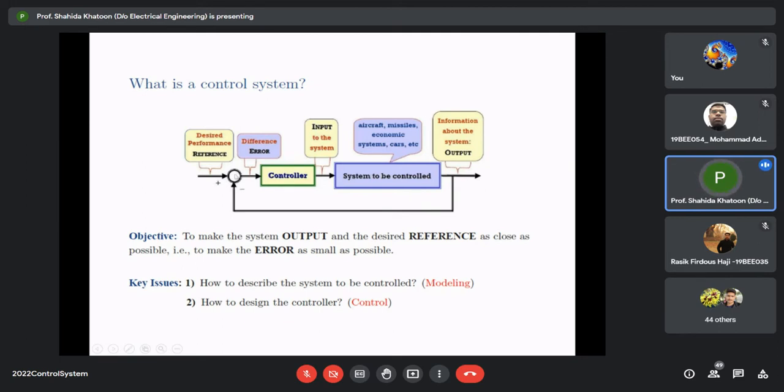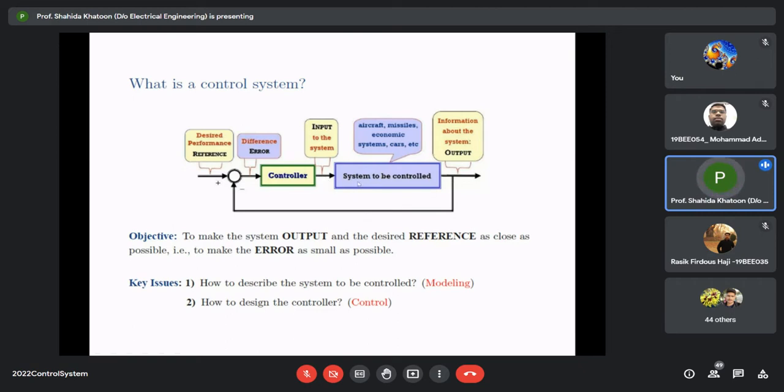This is the comparator, or error detector, because here we are giving a plus sign and here a negative sign. So here you are getting the difference, or error. This error is fed to the controller, and the controller gives you the output, which becomes the input to the system to be controlled.